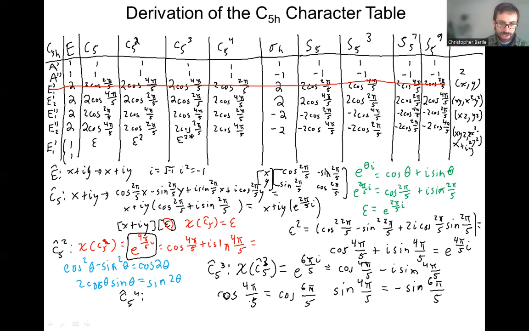So 8 pi is there now instead of 6 pi. And that ends up equaling cosine 2 pi over 5, because cosine 2 pi over 5 equals cosine 8 pi over 5, and sine 2 pi over 5 is equal to the negative of sine 8 pi over 5.